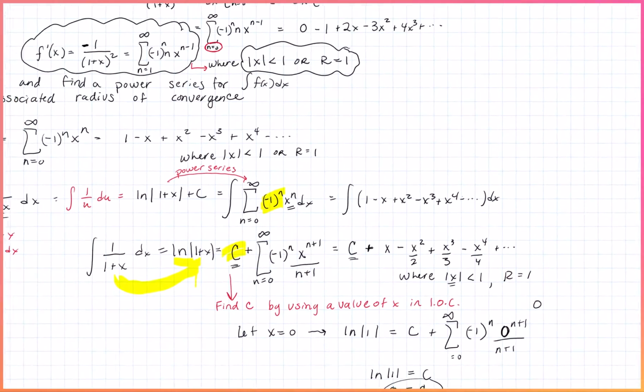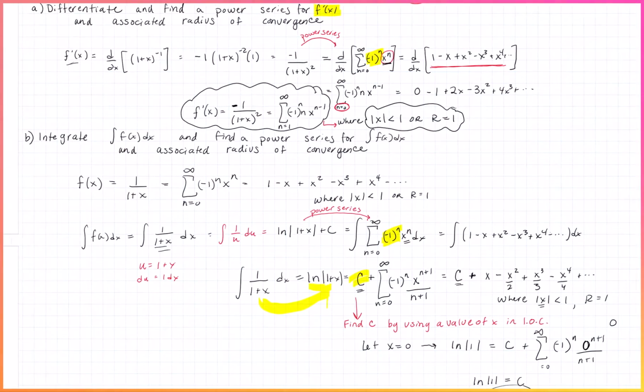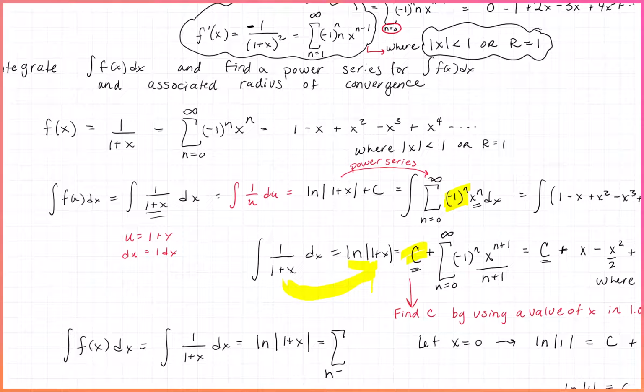We can show now that our power series representation for the integral, the integral of our function f of x dx, which was the integral of 1 over 1 plus x dx, which was equal to the natural log of the absolute value of 1 plus x, is actually equal to the power series from n equals 0 to infinity of negative 1 to the n, x to the n plus 1 over n plus 1.